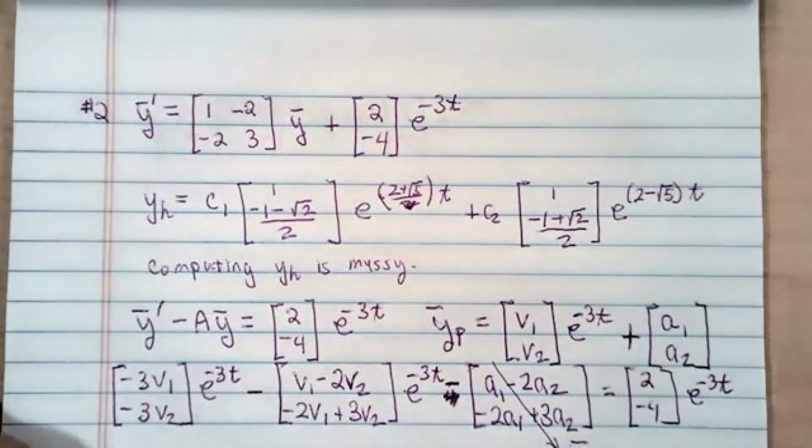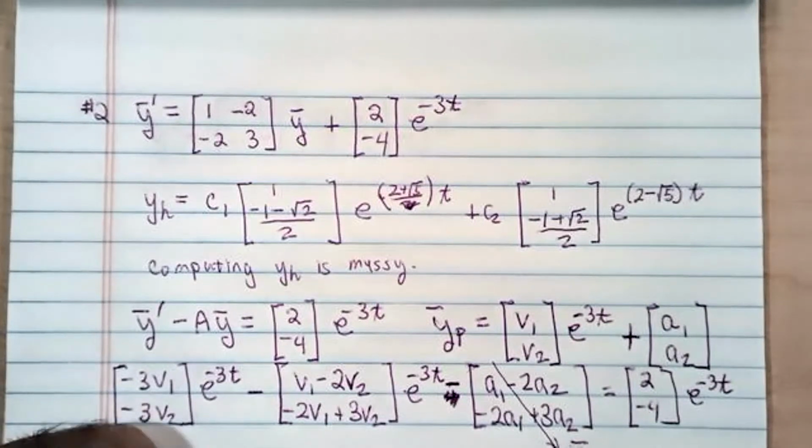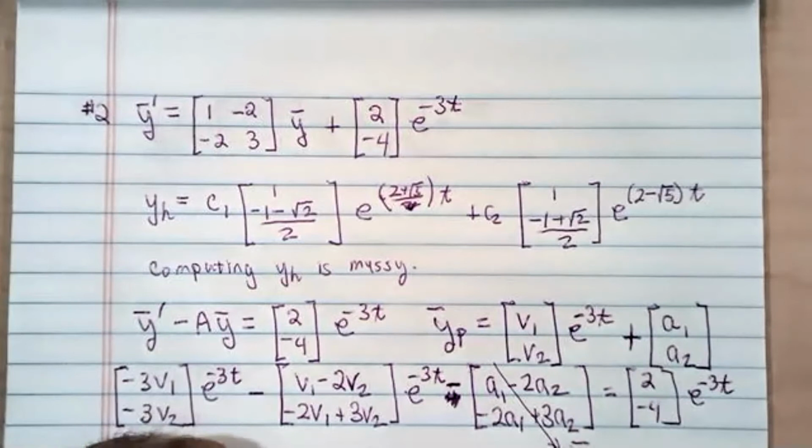Let's see, we've got minus 4v1 plus 2v2 equals 2, and 2v1 minus 6v2 equals minus 4.